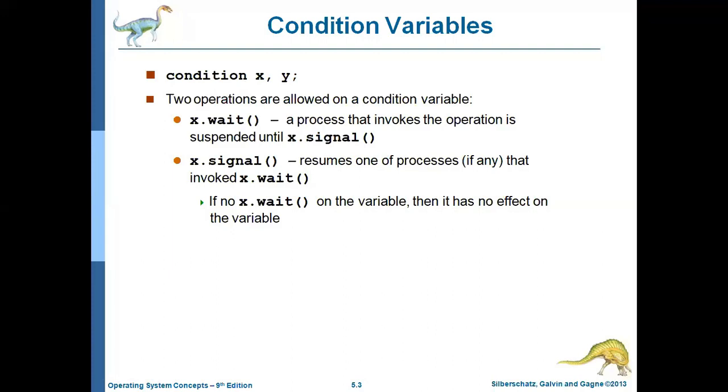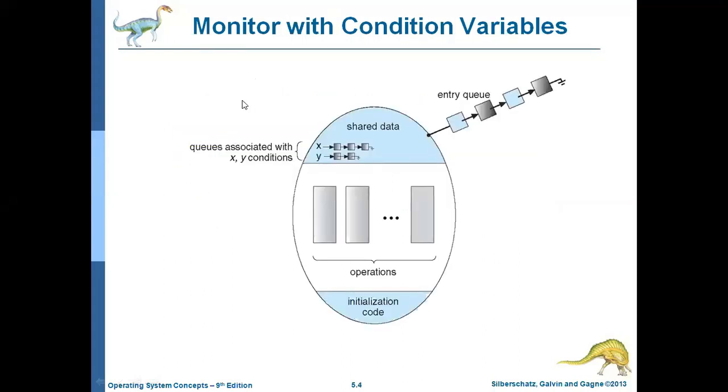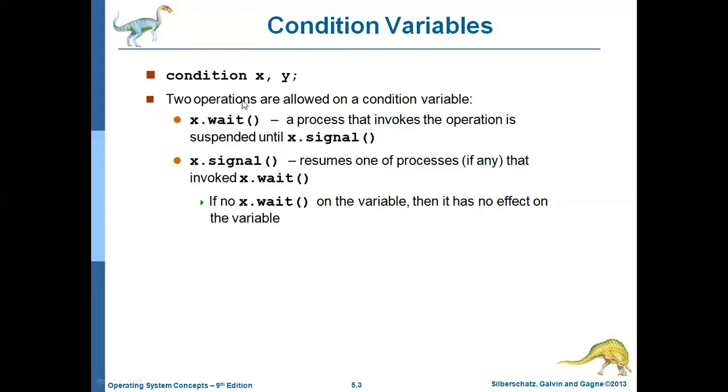So what does x dot wait do? A process performing wait operation on condition variable x, or instead of x you can place y, a process performing wait operation on condition variable y, is suspended. The process is placed in the block queue of that condition variable.